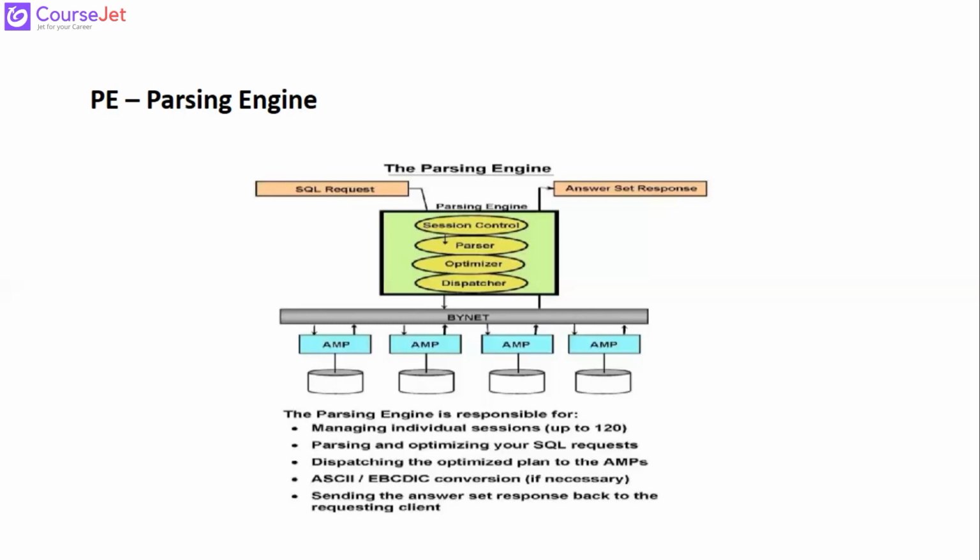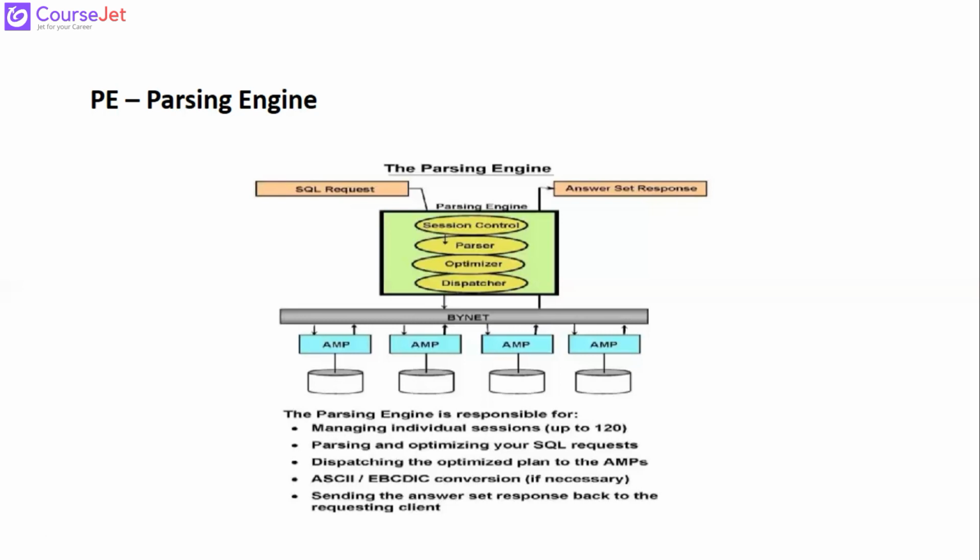Okay. Say for example, if you take SMP, how many PEs might be configured? Because if you want to understand how much load that server can withstand, based on the number of individual sessions people can connect, as you said, one PE may hold up to 120 sessions, correct?